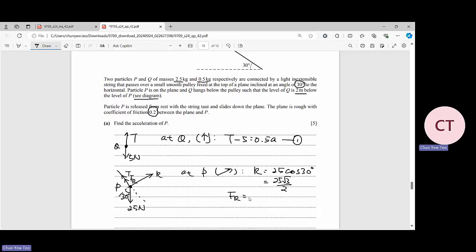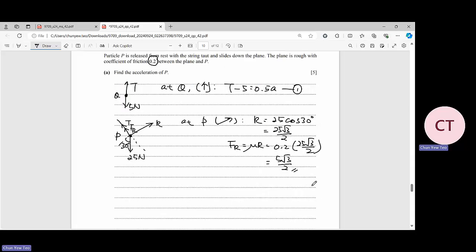Then your frictional force will be the mu R. It will be the 0.2 multiplied by 25 root 3 over 2. Simplify it into the exact value form. You will get it as a 5 root 3 over 2 Newton. Okay. Now, if you resolve the forces parallel to the inclined plane, you will get the 25 sine 30 minus the frictional force minus the tension is equal to the 2.5a.